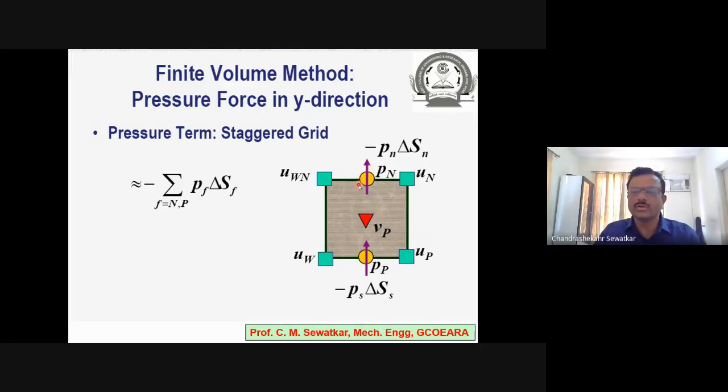So here I do have P north and here I do have PP. So these pressures can be directly written. Instead of writing PS, I can write PP, and instead of writing PN, I can write capital P N, because this information is known to me. So this is a diagrammatic representation of the pressure force.